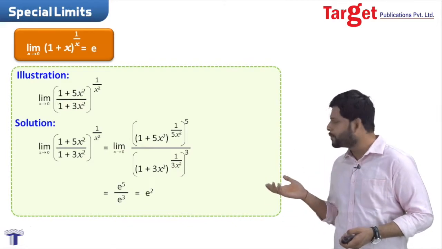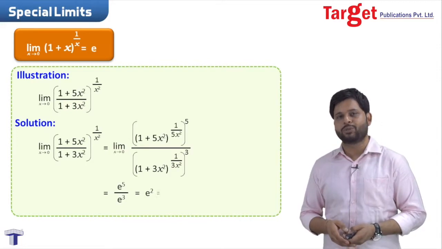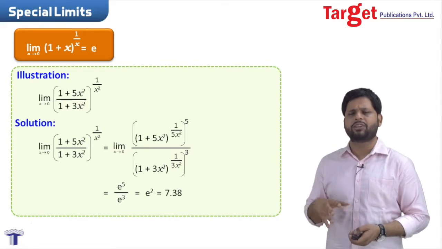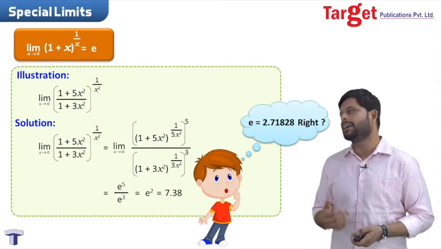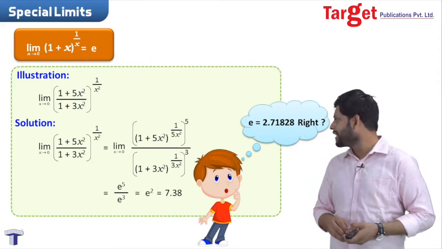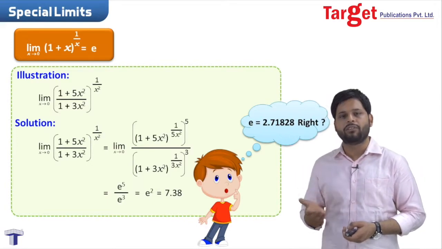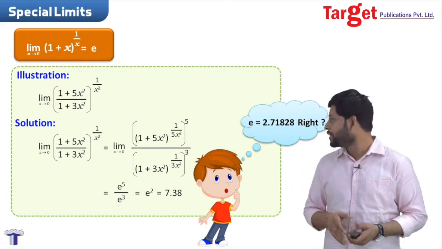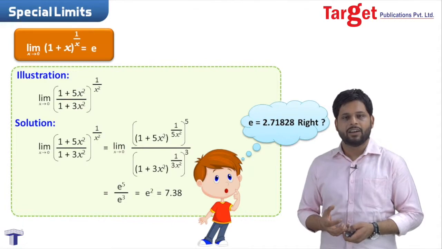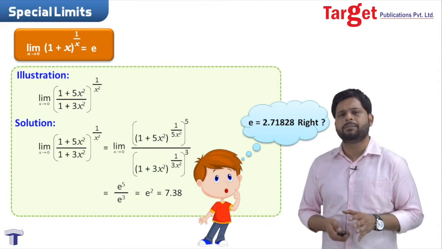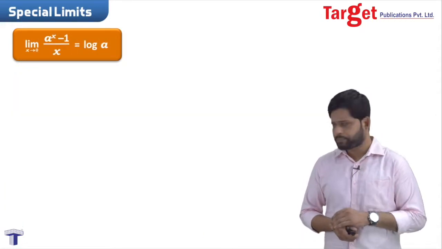We just cancel out both of them. What we get is e square. Okay, and we substitute the value of e, that is exactly 2.71828. Okay, so this value we substitute, and the power we take, the answer is equivalent to 7.38 in this case. Okay, so this is one of the special limits that we need to solve accordingly.